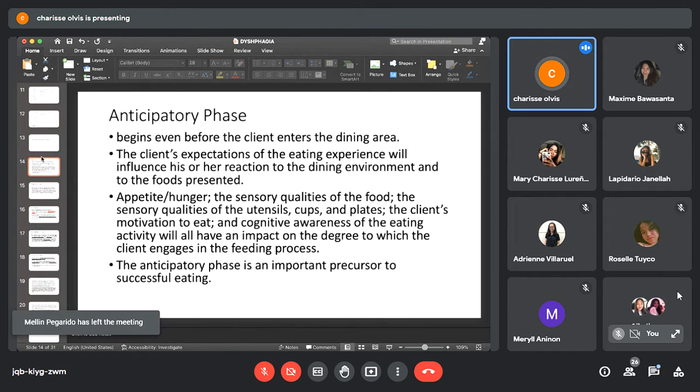So the anticipatory phase begins even before the client enters the dining area. So what would you expect in the anticipatory phase?